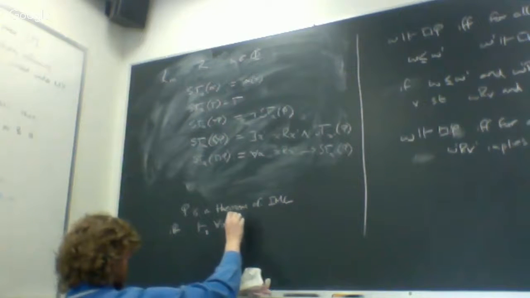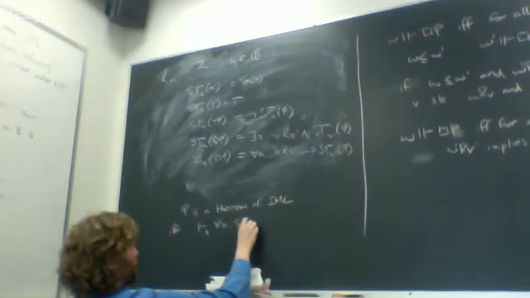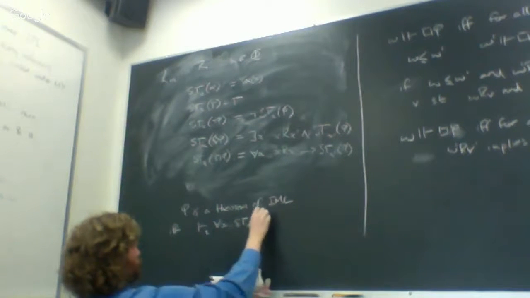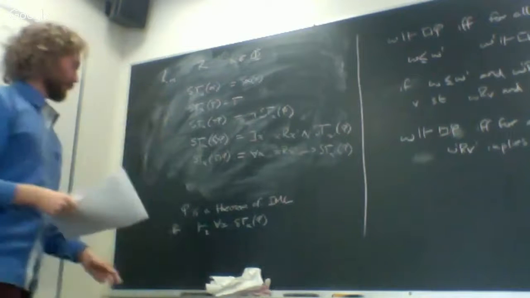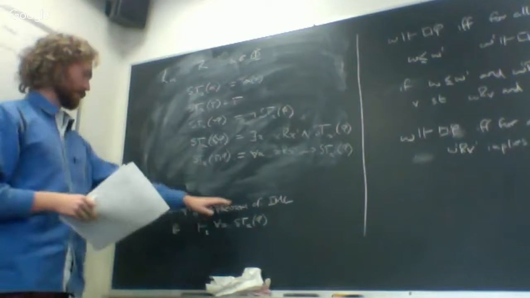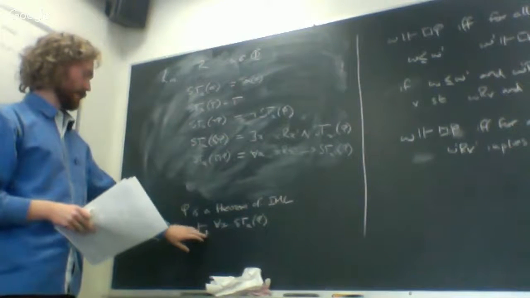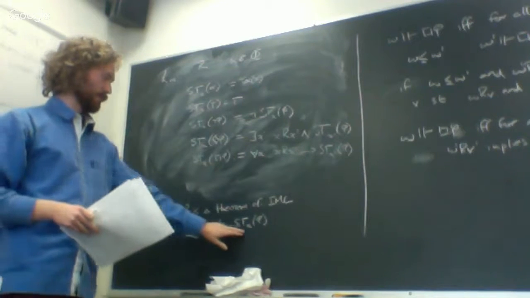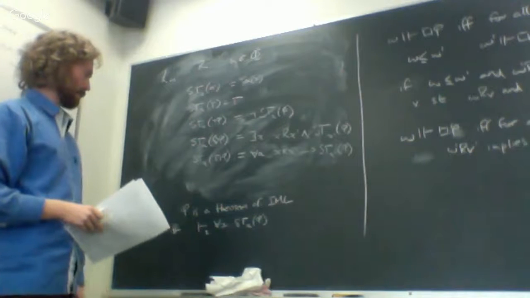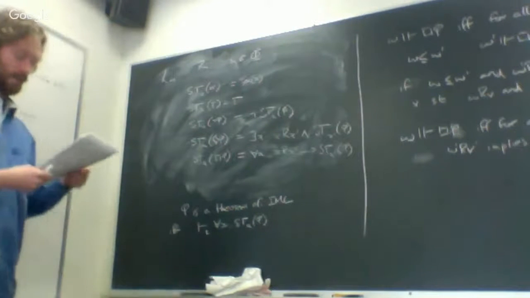Let me just write it down and explain. Classically we have that phi is a theorem of classical modal logic if and only if classically, instead of intuitionistically, you can prove this. So this is just the intuitionistic analog.